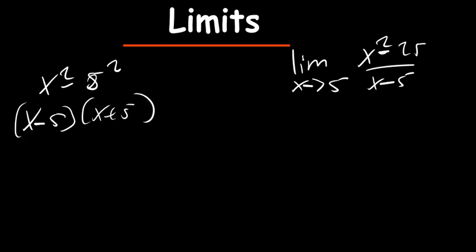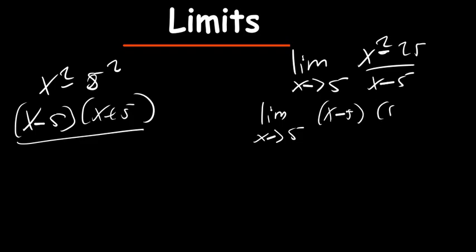If I expand this, it takes me back to x squared minus 25. Meaning I keep on writing limit as x goes to 5 of x minus 5, in brackets, then x plus 5, divided by x minus 5.